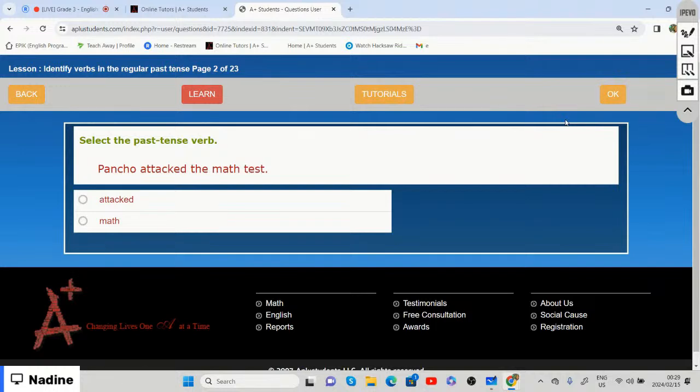Pancho attacked the math test. Is it attacked, which is option one, or math? What is our correct regular verb?